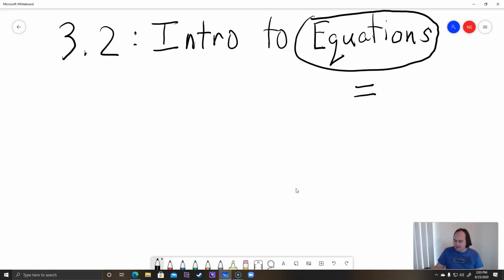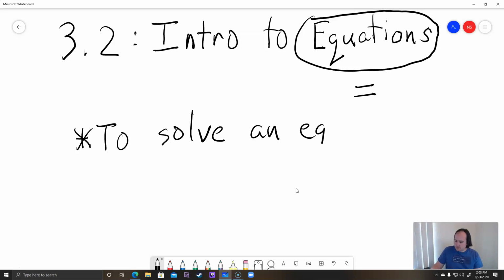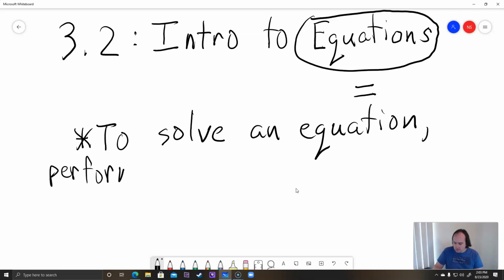And the basic idea is to solve an equation, perform operations to both sides until the variable is isolated. Okay?